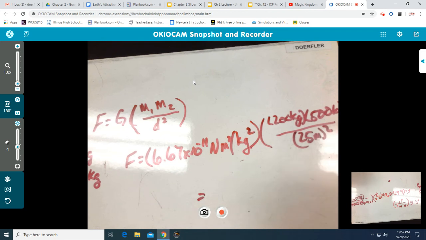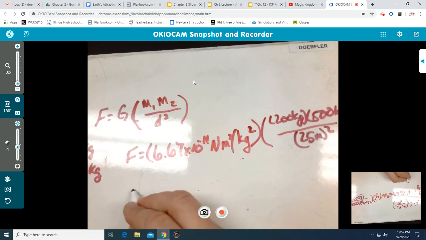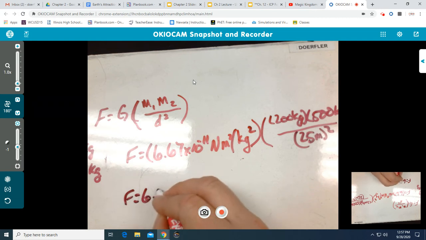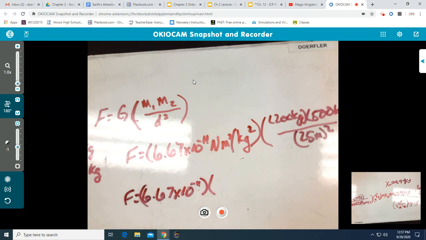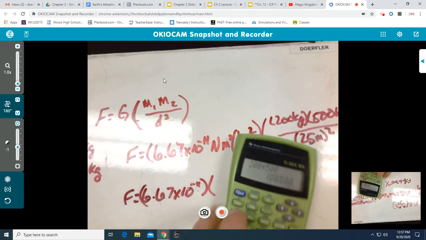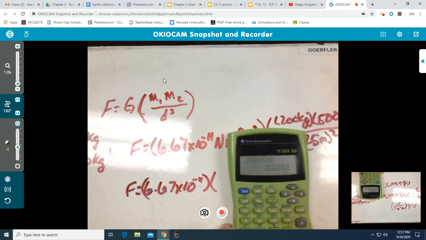So 6.67 times 10 to the negative 11th, multiply by, let's put this in our calculator, 200 times 500 equals 100,000.